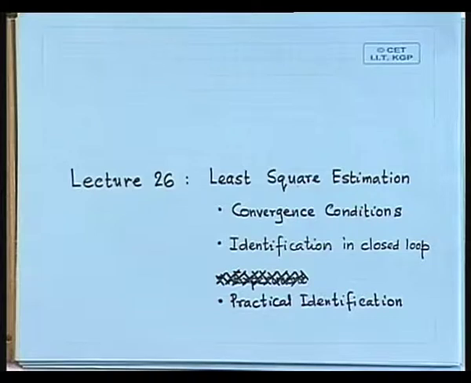See, what happens is that very often when you are trying to identify the system, even at that time the system might be operating in closed loop.